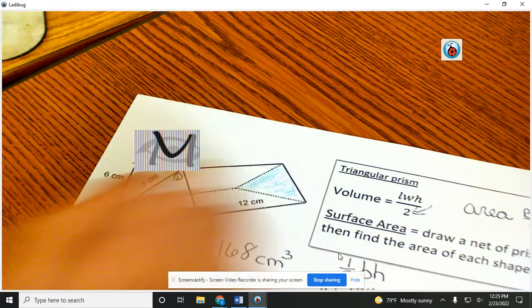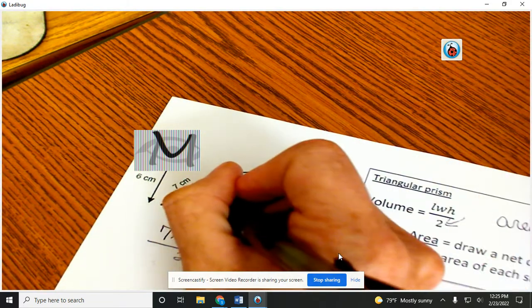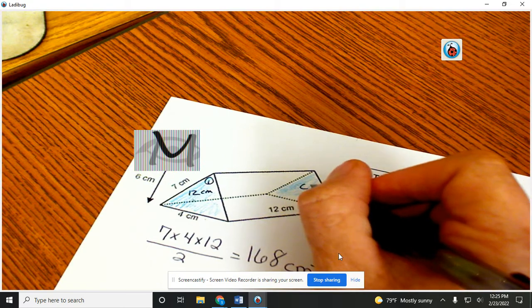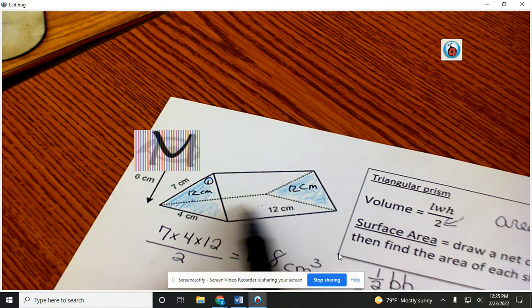So this is going to be 12 centimeters for this one, and this one's 12 centimeters. Now, let's look at this base, this bottom part right here, and it is actually a rectangle.